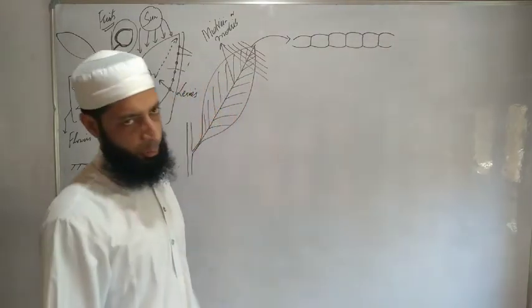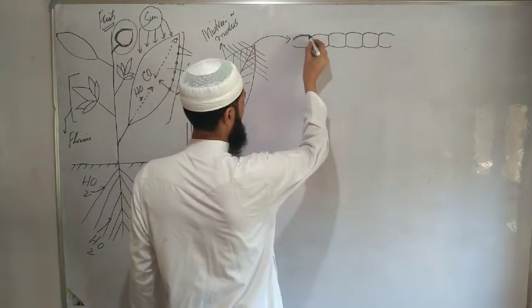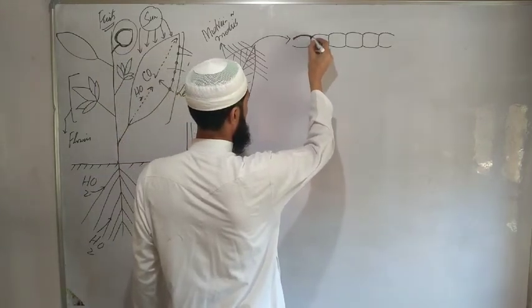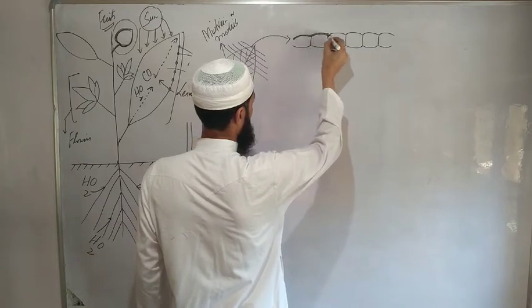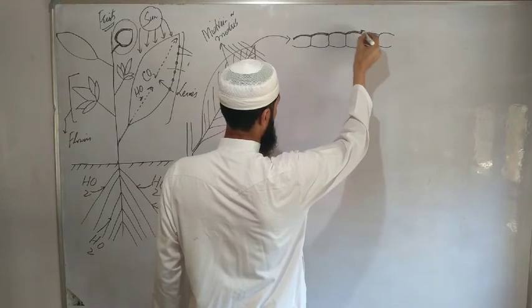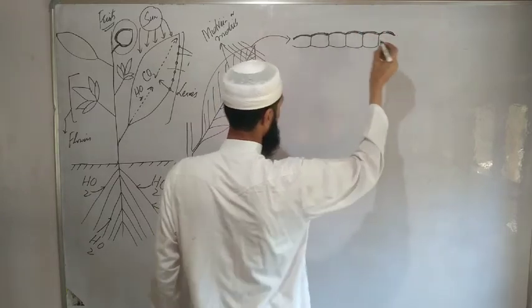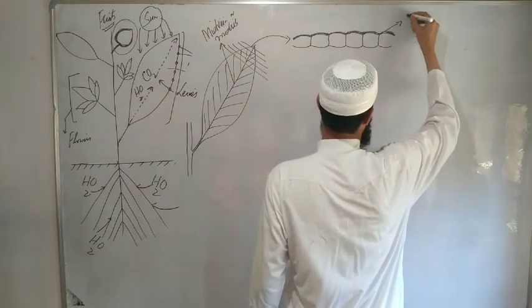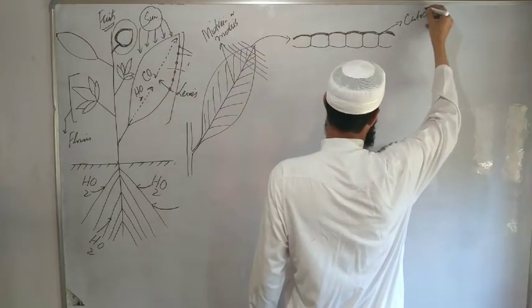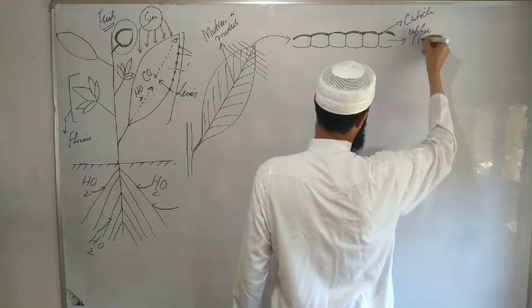And outside the upper epidermis, you have a layer of cuticle that is made up of cutin. It's a waxy coating on the surface of the leaf so as to prevent excessive transpiration. You have a cuticle and you have an upper epidermis.